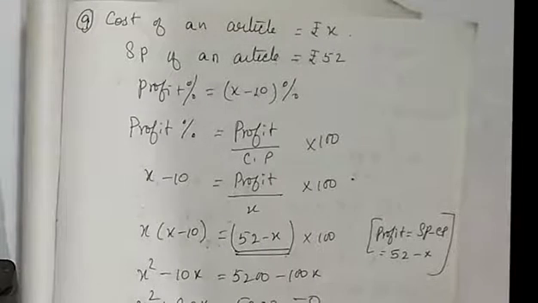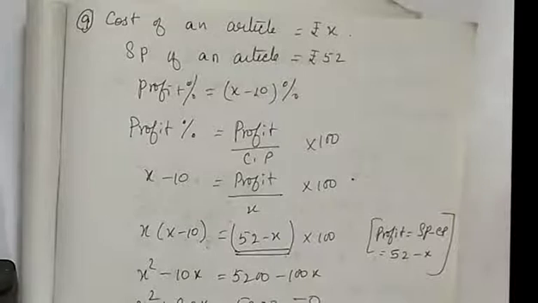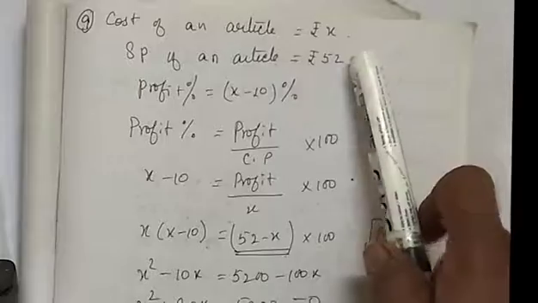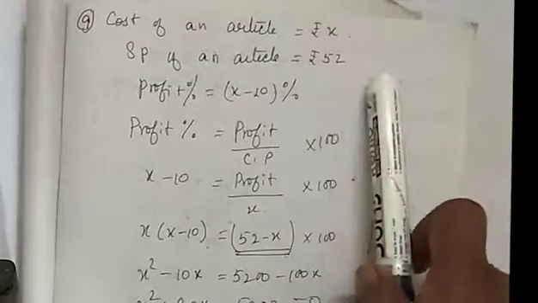Ninth question. A trader bought an article for rupees x and sold it for rupees 52, thereby making a profit of x minus 10% on his outlay. Calculate the cost price. So, cost price of an article, we have to take it as x. Selling price, rupees 52.